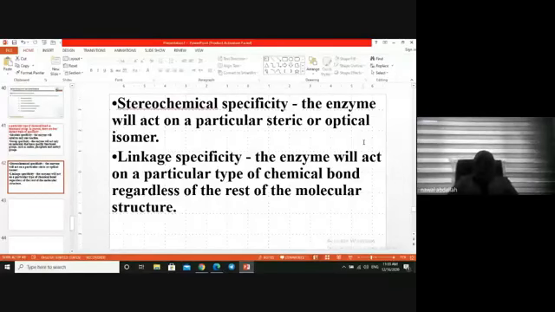So linkage specificity can be described as the enzyme acting on a special type of bond regardless of the rest of the molecular structure.